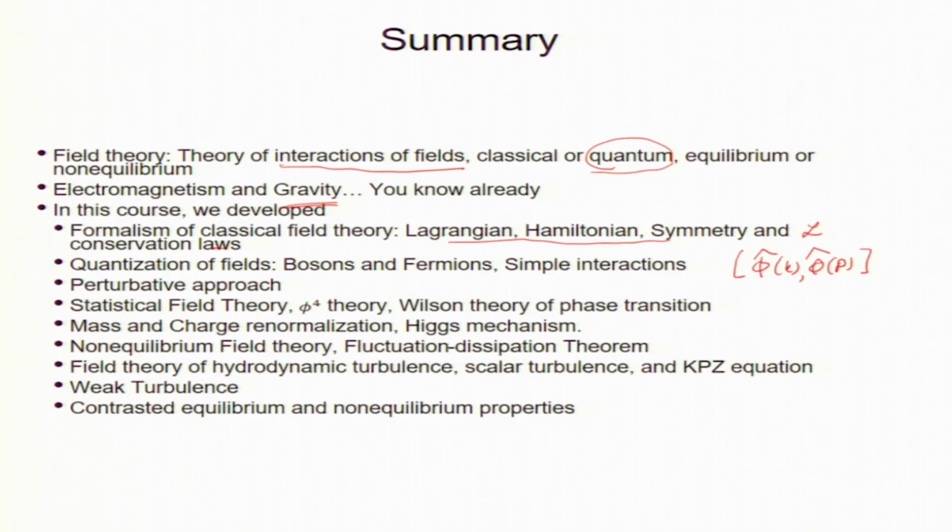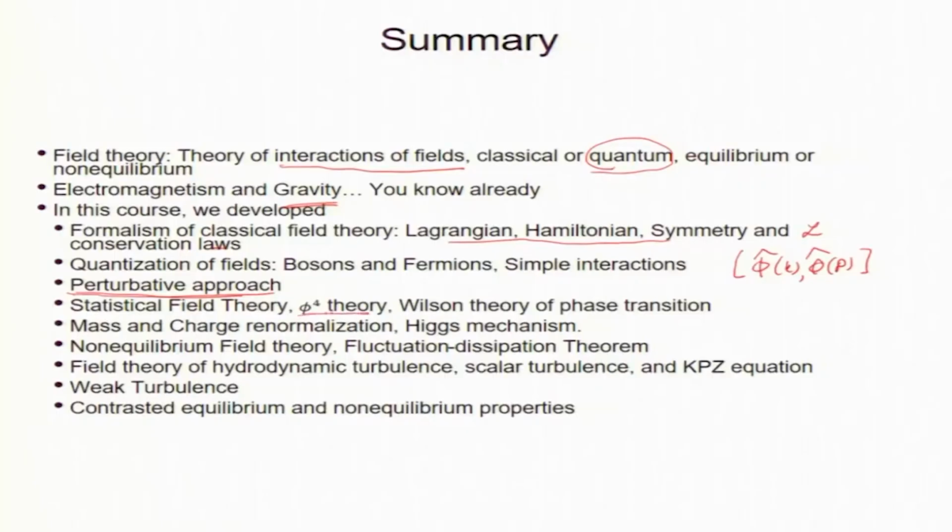Perturbation approach: I hope you got the gist of how to do perturbative calculations, and basically from the middle of the course we have been doing a huge number of examples of perturbation. Phi 4 theory is a very important theory, and I did in detail Wilson's theory of phase transition.